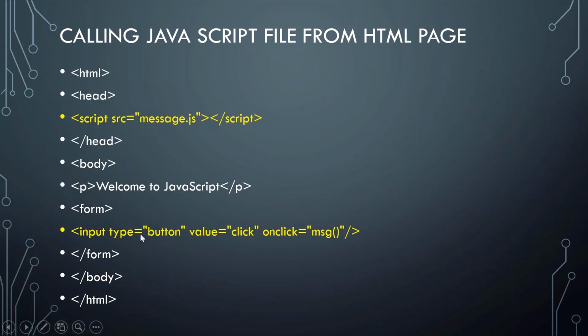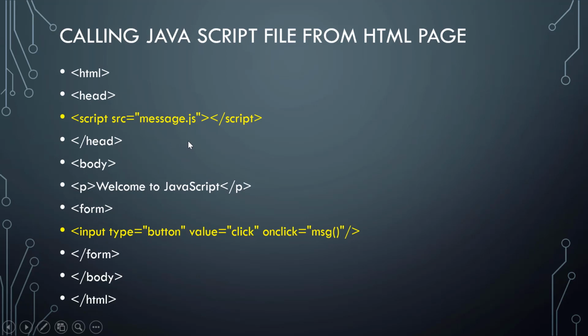Inside that we create a button with value click, which means the label of the button is click, and onclick is the event that calls the msg function from message.js, so it will show you the alert message on the browser itself. Let's check it out, guys, how to do this.